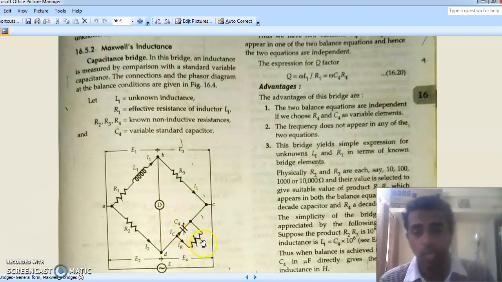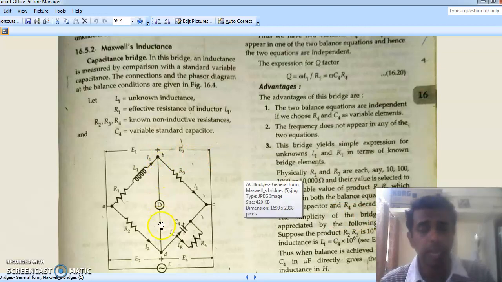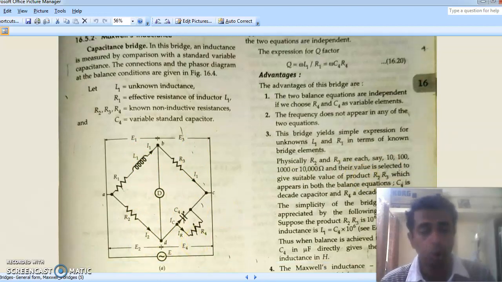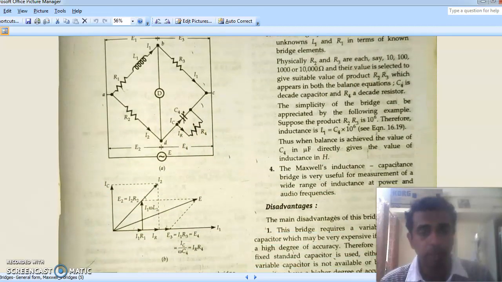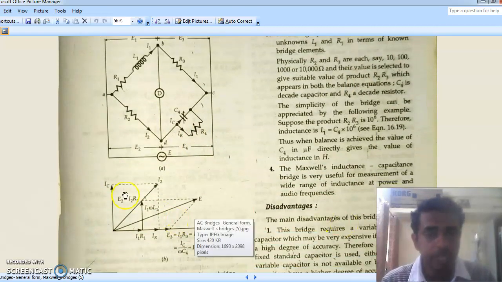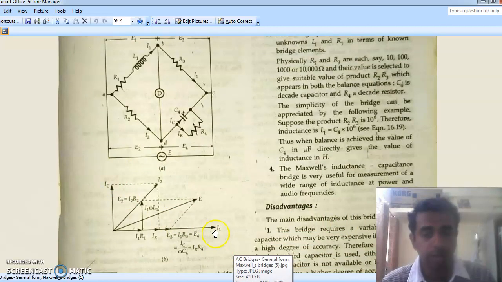First, if the bridge is balanced, then B and D should be at the same potential, that is E1 will be equal to E2 and E3 will be equal to E4. Keeping that in mind, we will move on to the phasor diagram. Here you can see that I am taking I1 as my reference.